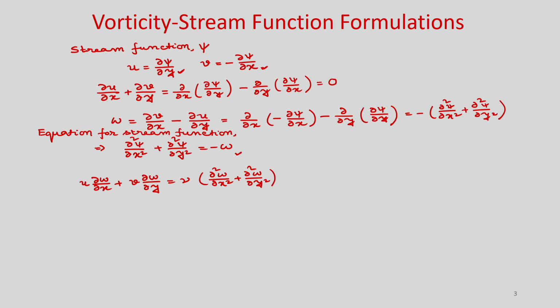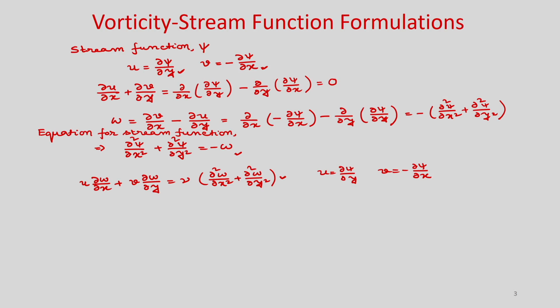This is your vorticity equation and this is your stream function equation, and you can find u and v from u equal to del psi by del y and v equal to minus del psi by del x. We have written the governing equations in dimensional form, and if you solve these equations, you will be able to get the velocity distribution in a domain.